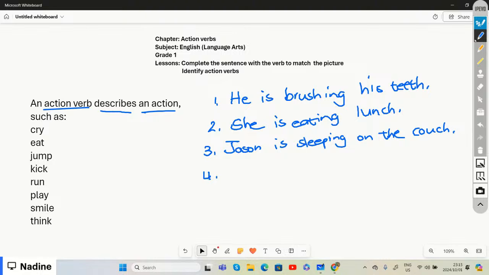What is the action verb within that sentence? The next one is, Kim is speaking on the phone. So we need to identify the action verb within that sentence.